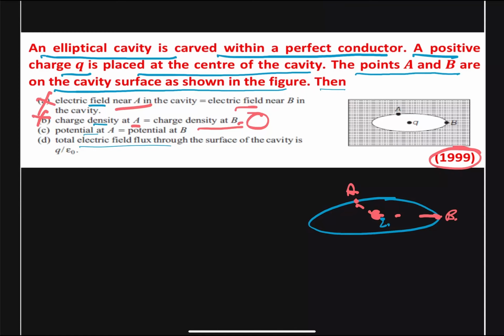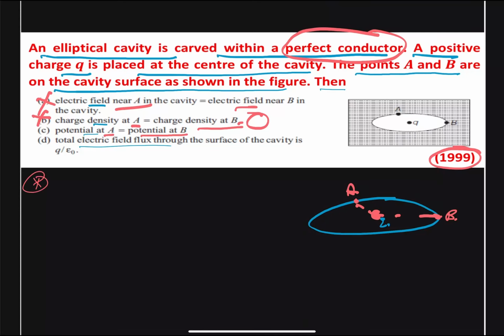And we come to option C, and option C states the potential at A is equal to the potential at B. And we know that it is a perfect conductor. Because of this perfect conductor, the entire surface acts as an equipotential surface.